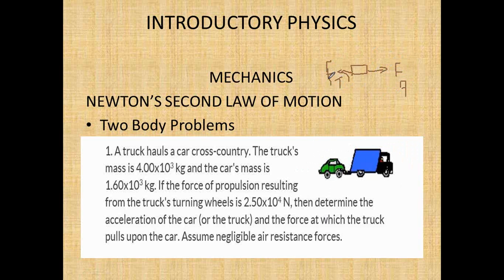So it is this net force which is going to give rise to the acceleration. This net force is the applied force because the truck is moving to the right. So the net force is the applied force minus the tension, or if you want to call it the contact force between the tow truck and the car. So the difference is the net force.